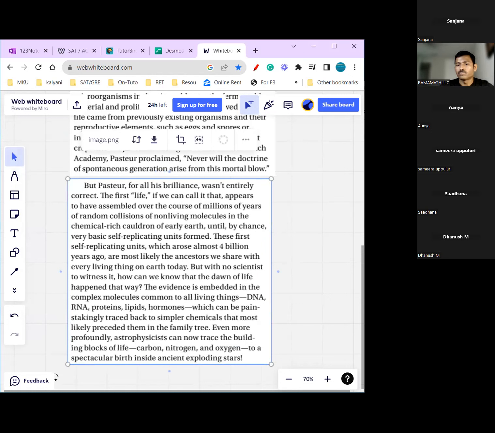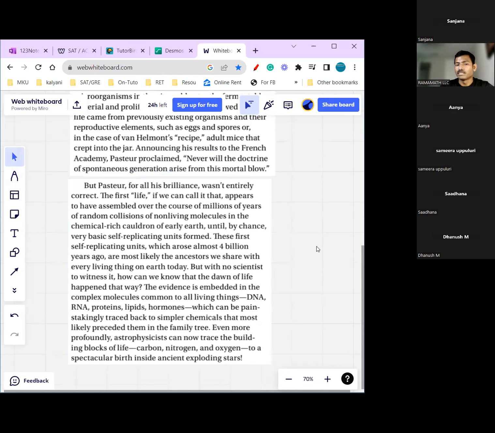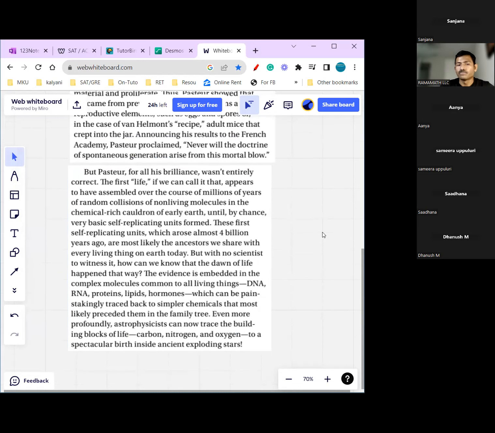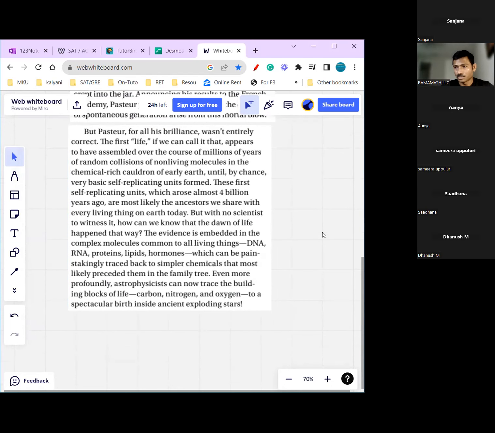As you go through that passage, you see the refutation there, of the theory of spontaneous generation by a clever experiment. You see how the passage is building up. So when you read a passage, always keep in mind how the structure of the passage works, which helps you answer a lot of the questions.